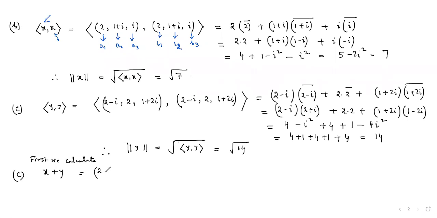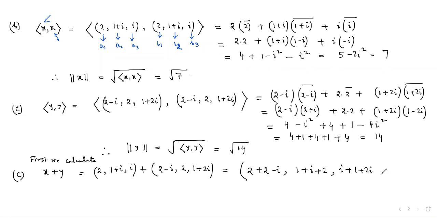So we write the vector 2, 1 plus i, and we write the vector 2 minus i, 2, 1 plus 2i, and this is equal to 2 plus 2 minus i, this is the first component, 1 plus i plus 2 is the second component, and i plus 1 plus 2i is the third component, which is equal to 4 minus i, 3 plus i, and 1 plus 3i. So this is the vector x plus y.